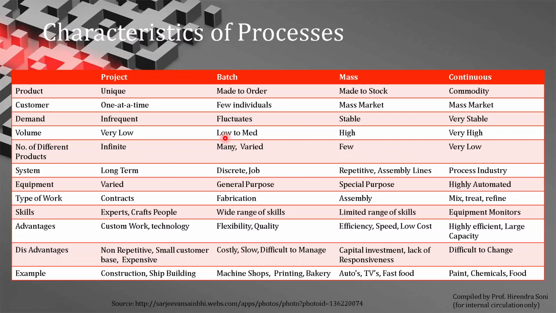Volumes are from low to medium. Number of products would be many, and it can vary from batch to batch. Okay, but variation is not much. General purpose equipment is basically used in this kind of process.